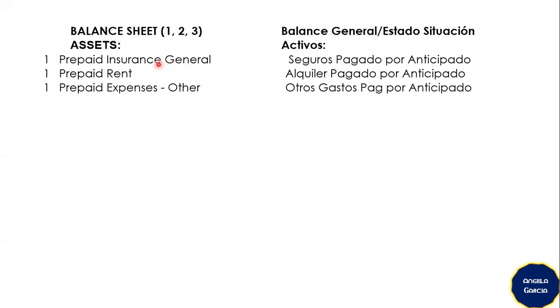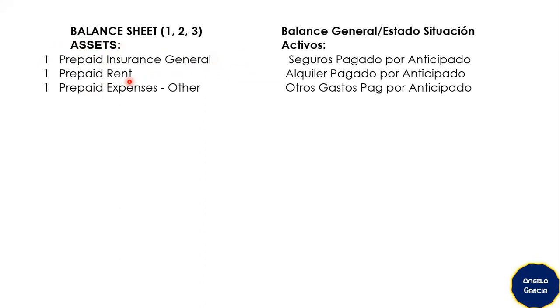Once a month, the company prepares a recurring journal entry for the insurance. The other account is prepaid rent. Sometimes the company pays the building rent in advance.